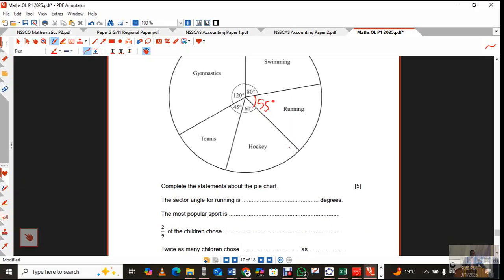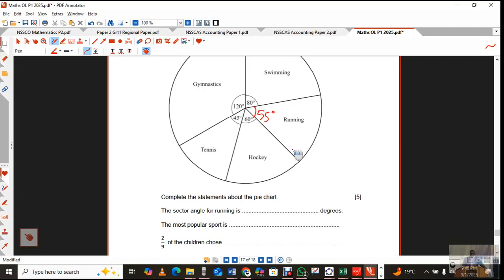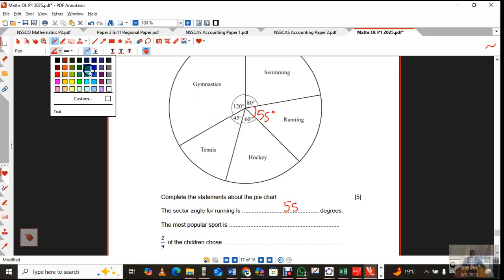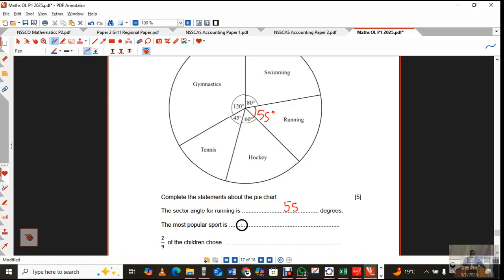Complete the statements about the chart. The sector angle for running is 55 degrees. The most popular sport is the one that has the largest angle. The one that has the largest angle is 120, which is gymnastics. Gymnastics. 2/9 of the children chose.